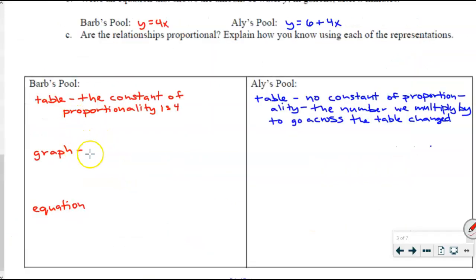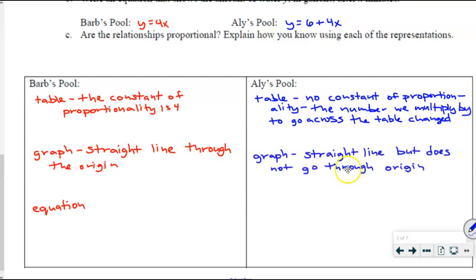So in the graph with Barb's, we saw that it was a straight line through the origin. And with Allie's, we can see that although it was a straight line, it did not go through the origin.